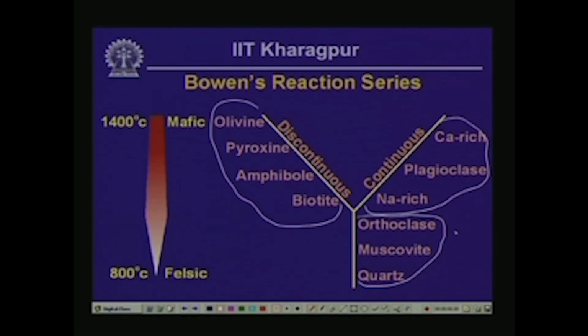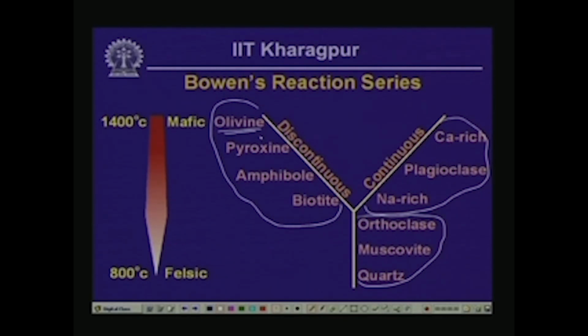So, for example, if you consider temperatures like 1400 or 1600 degrees Celsius, then you get olivine mineral solidifying out of the partially molten matter, whereas at those kinds of temperatures pyroxene, amphibole or biotite minerals are still going to remain in solution.